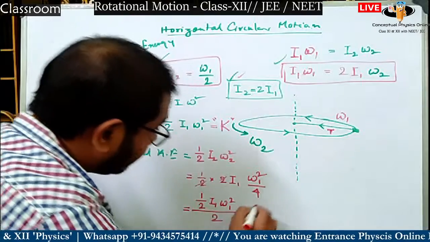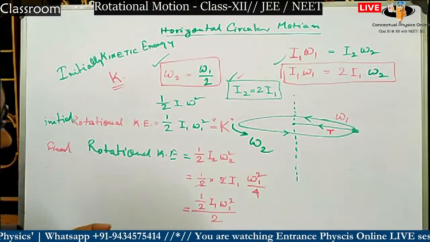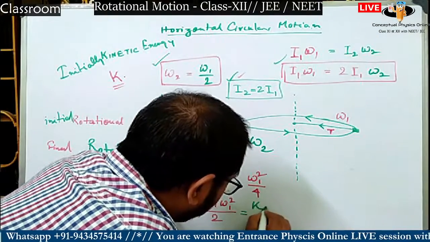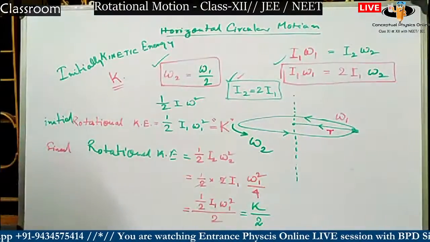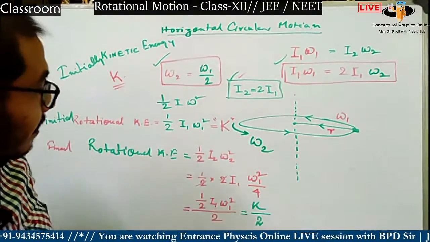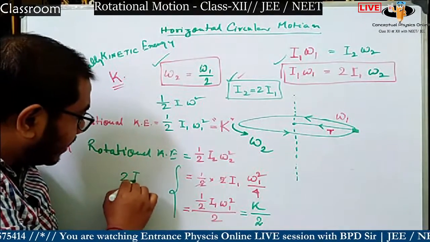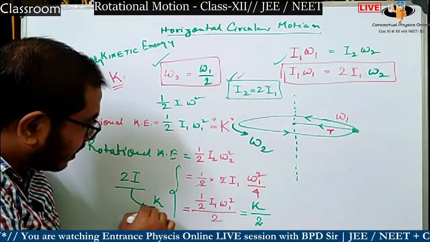This 4 we have divided. So this is basically becoming the initial kinetic energy by 2. So this is the problem where by doubling the I, the kinetic energy is getting halved.